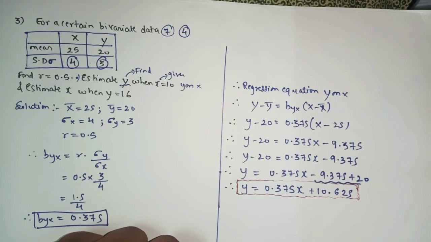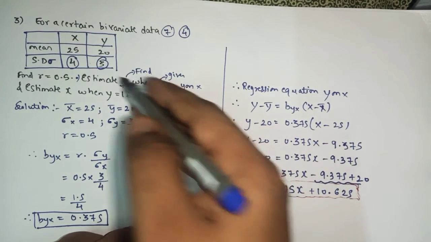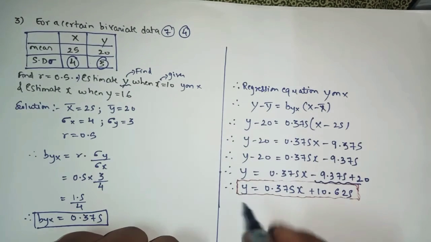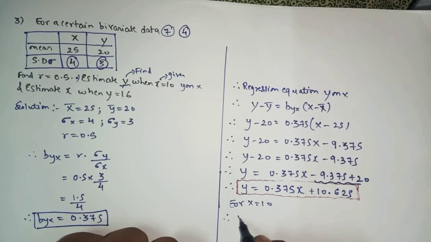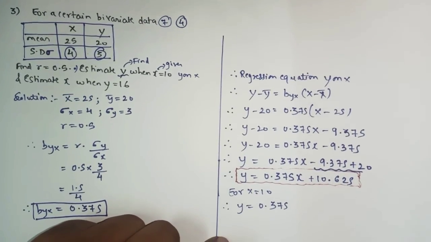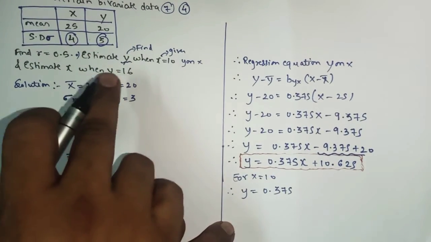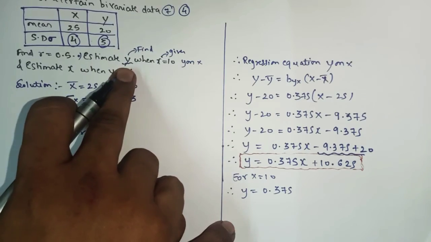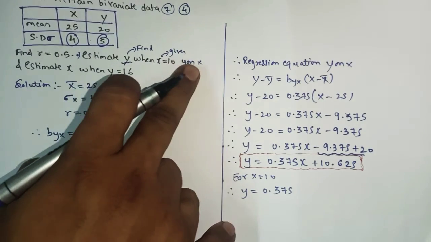But we have to find y when x is 10. So simply replace the value of x by 10 to get the answer of y. As in the first sum, whenever they say estimate y when x is given, that means it is y on x.